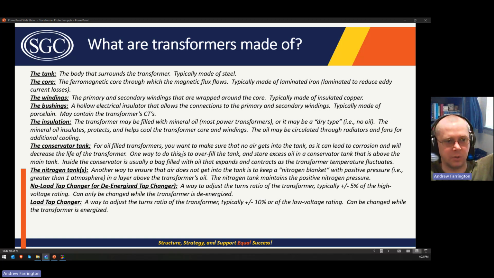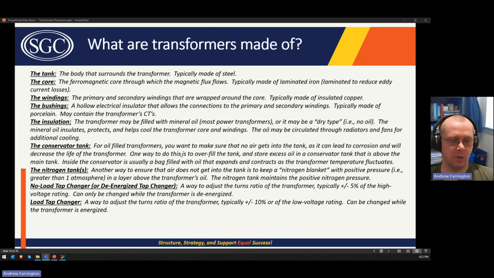Then as the oil expands, it just fills up more of the conservator tank, and as the oil cools, it settles back down. But at no time does the inside of the transformer ever become exposed. All of that corrosion and stuff can sit up there in the conservator tank and not bother the power conducting parts of the transformer.